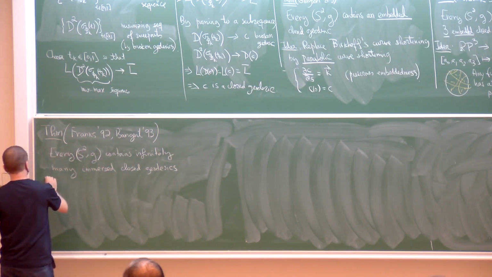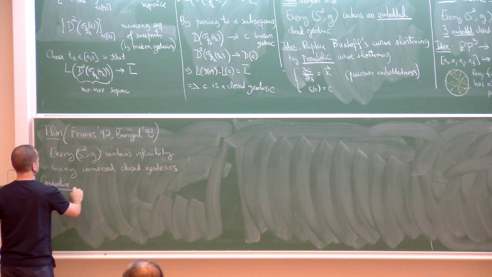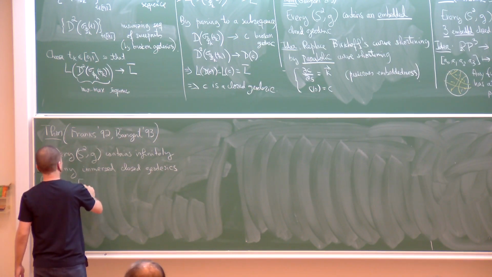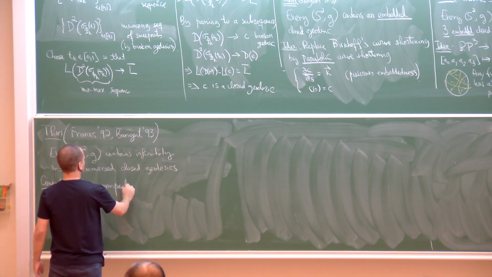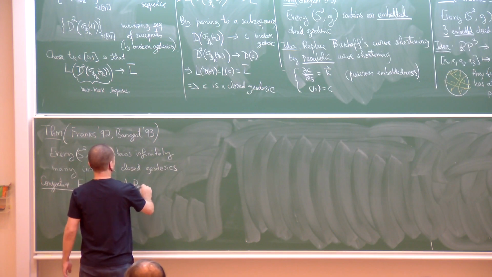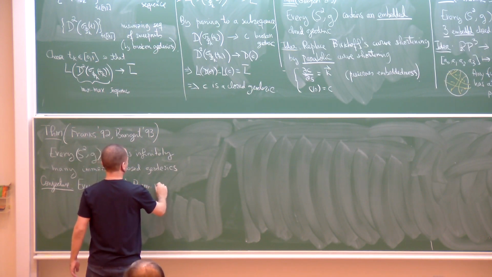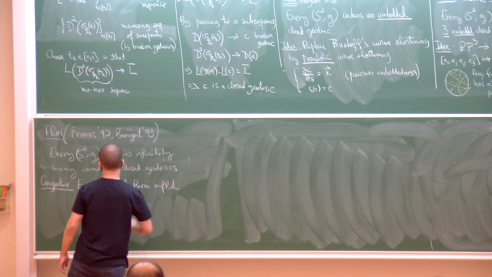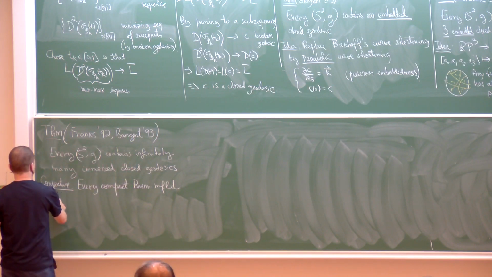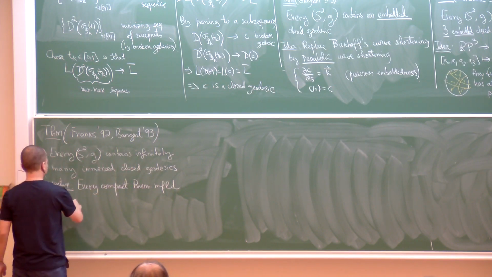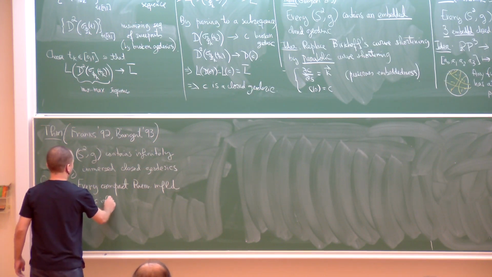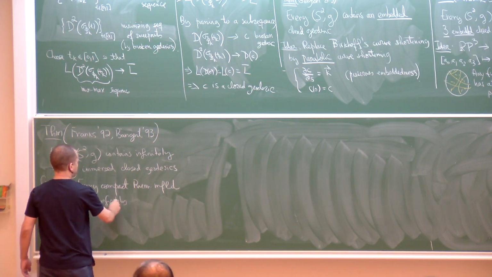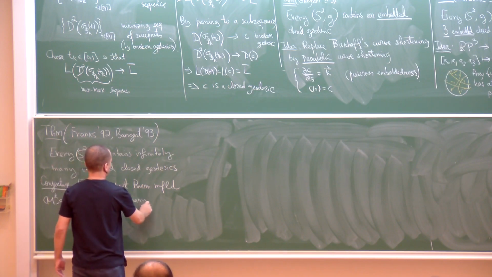Anyway, the conjecture, I don't know who to attribute this conjecture to, is that every compact Riemannian manifold in any dimension, say (M, g), contains infinitely many closed geodesics.